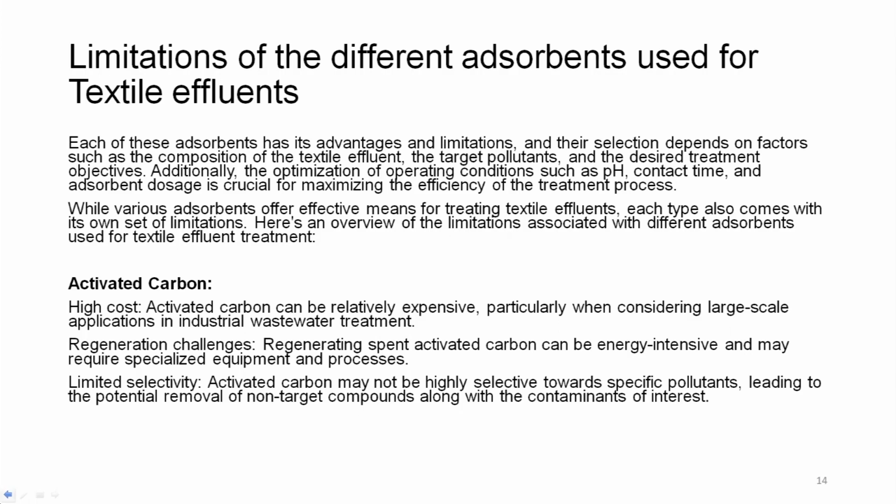Additionally, the optimization of operating conditions such as pH, contact time and adsorbent dosage is crucial for maximizing the efficiency of the treatment process. While various adsorbents offer effective means for treatment of textile effluent, each type also comes with its own set of limitations.